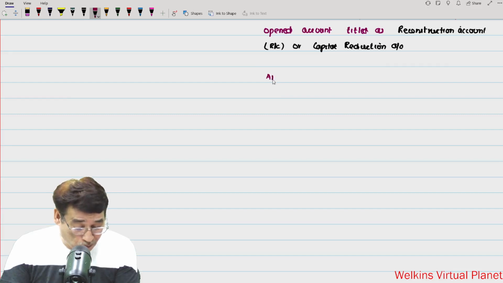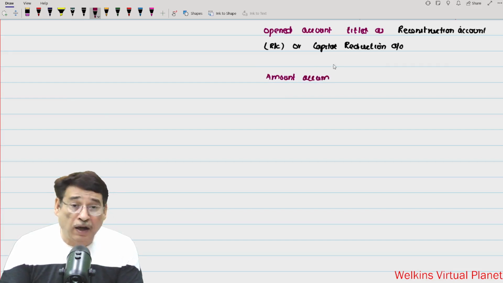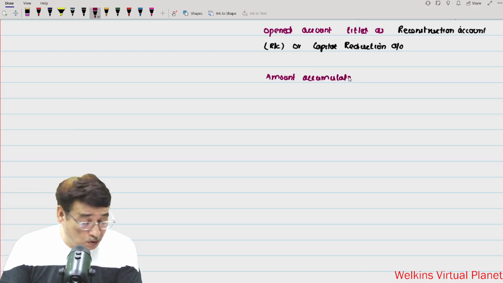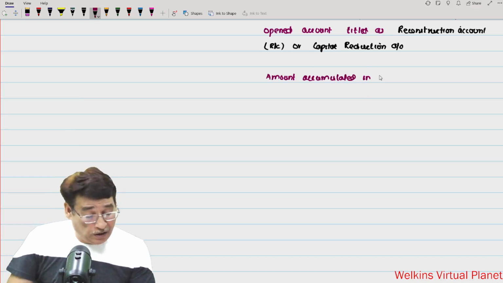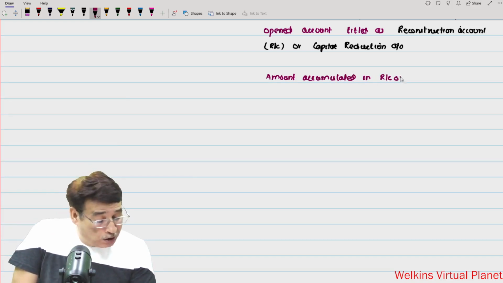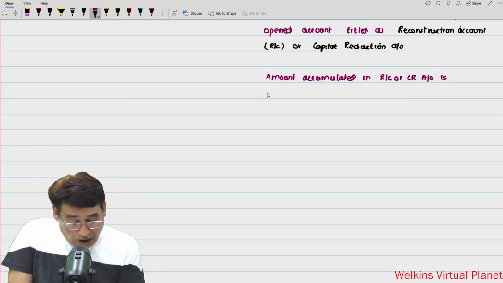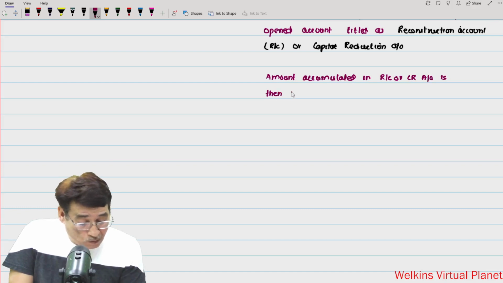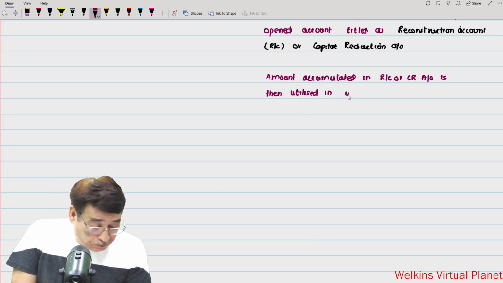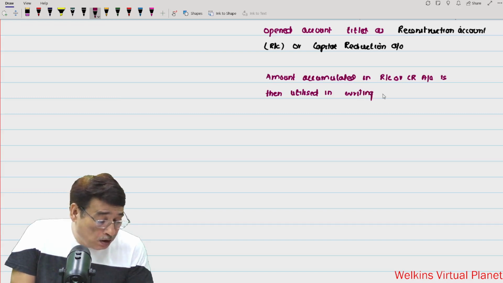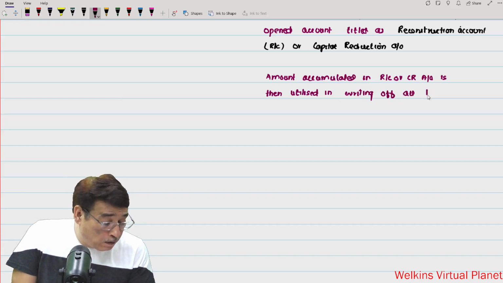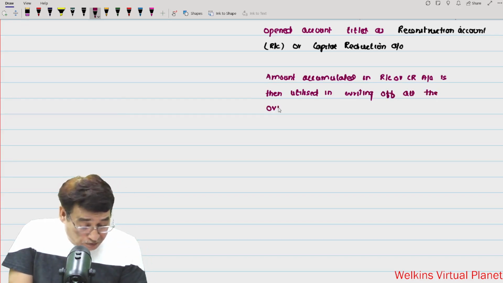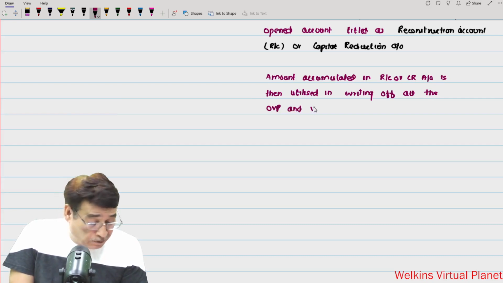Amount accumulated in reconstruction account or capital reduction account is then utilized in writing off all the overvalued portions and valueless items.